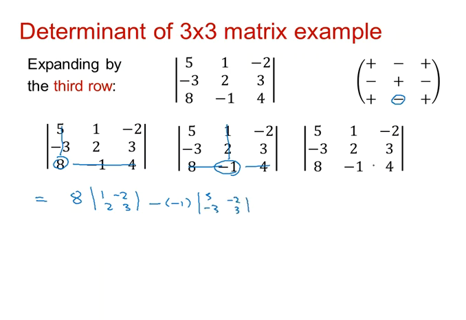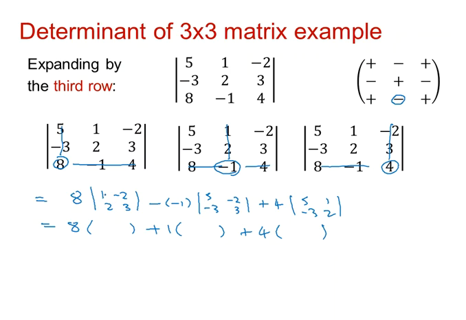And then moving across to the last element, that's a 4, and due to its position in the matrix it's a plus 4 times its own minor, 5, minus 3, 1, 2. So that's 8 times its minor, minus 1 times its minor, plus 4 times its minor.